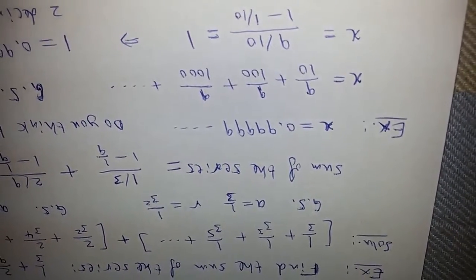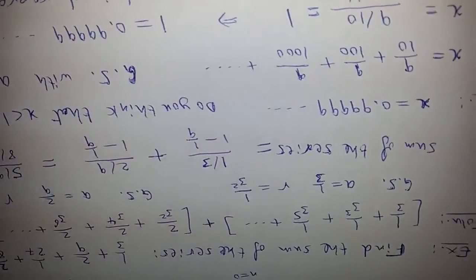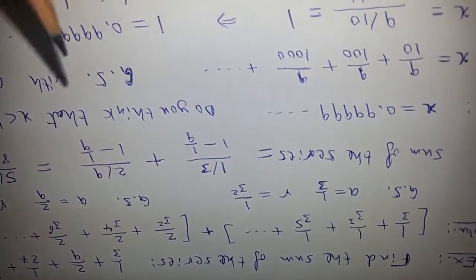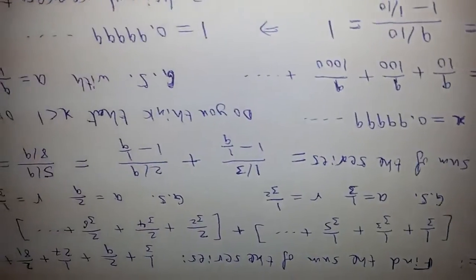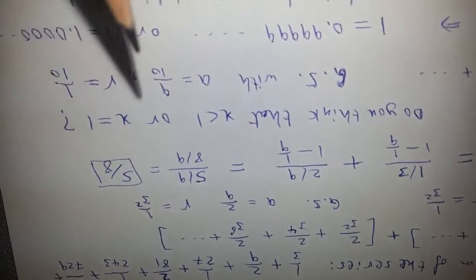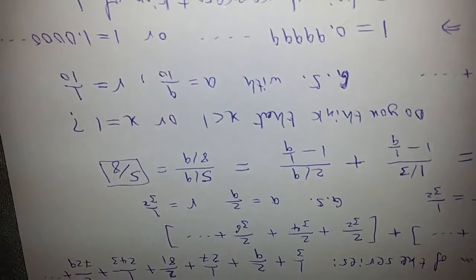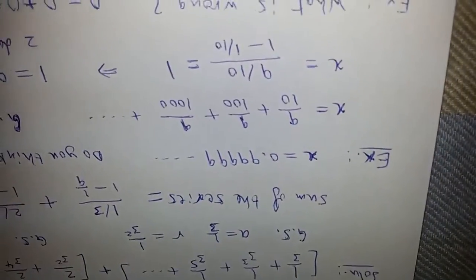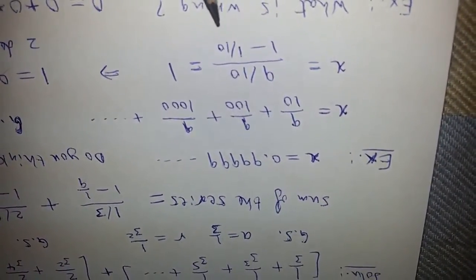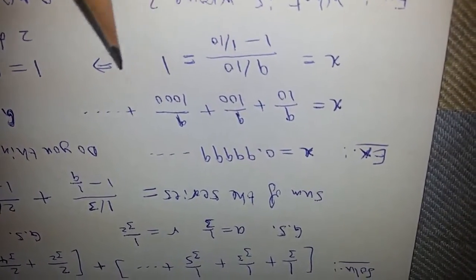Now this is a geometric series. What is the first term? 9 over 10. What is the common ratio? Yes, 1 over 10. The common ratio is 1 over 10, so it's convergent. Converges to what? A over 1 minus R. 1 minus 1 over 10 is 9 over 10, so we get 1.